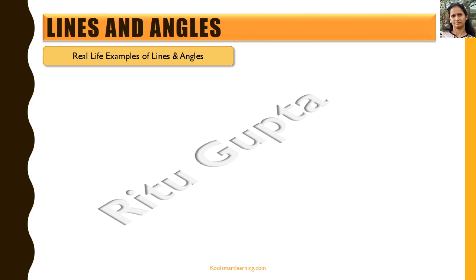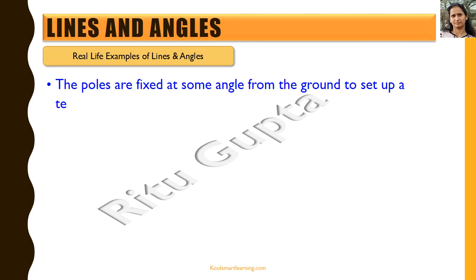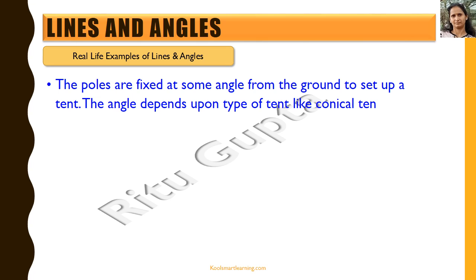So now let's see some real life examples where we use lines and angles. First of all, when a tent is set up on the ground, the poles are fixed at some angle. What angle we need depends upon the kind of tent being set up. Supposing we have this kind of tent, then we would have this angle at which the poles are fixed.